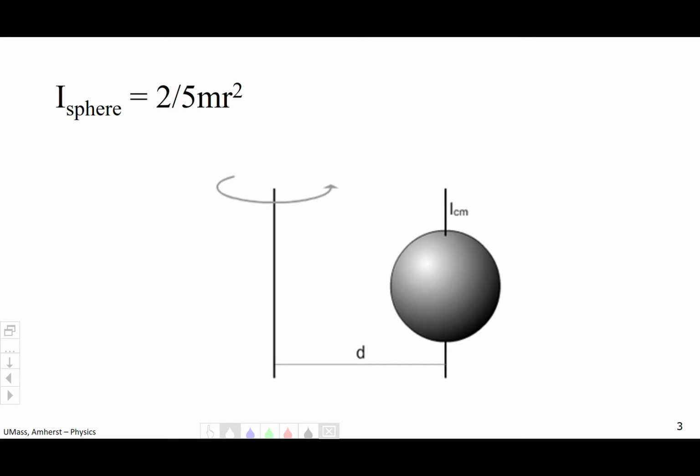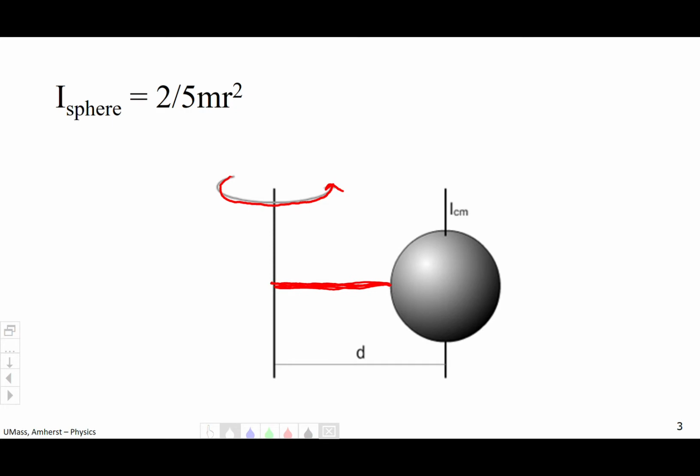So how about a sphere that is rotating around a new axis in the counterclockwise direction? Instead of spinning around its own axis, we are now spinning it a distance. Say we have a sphere on a string and we're spinning it around our head.